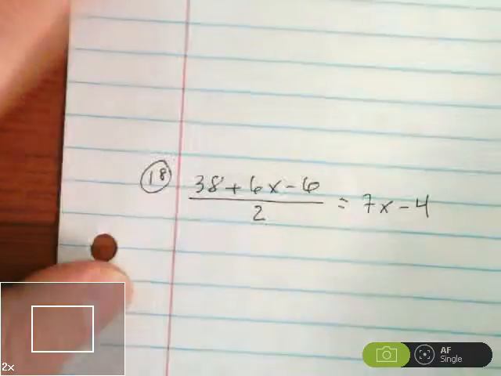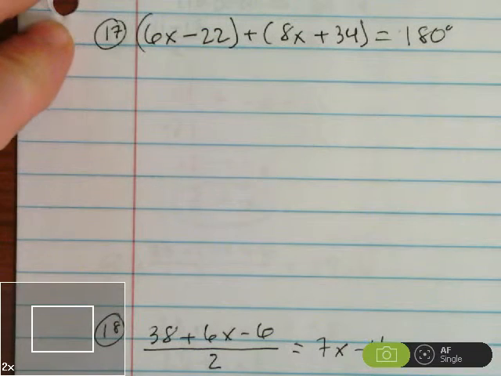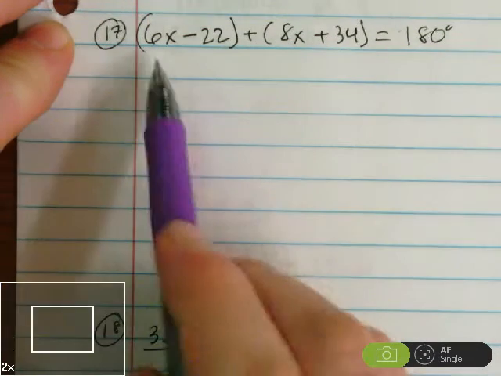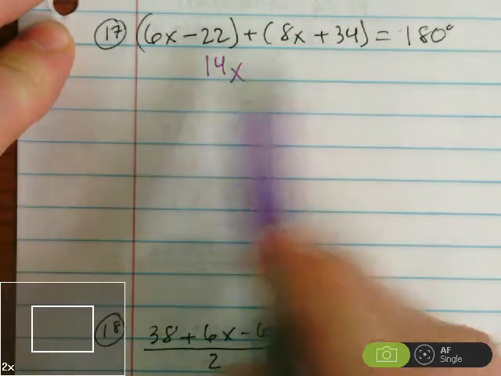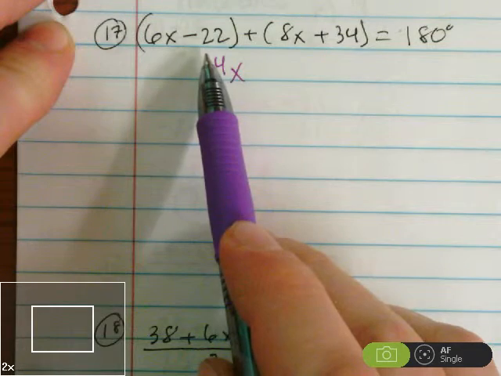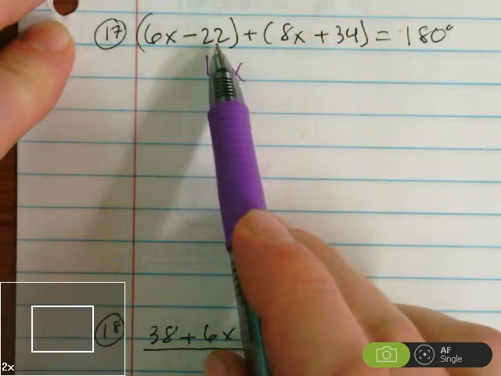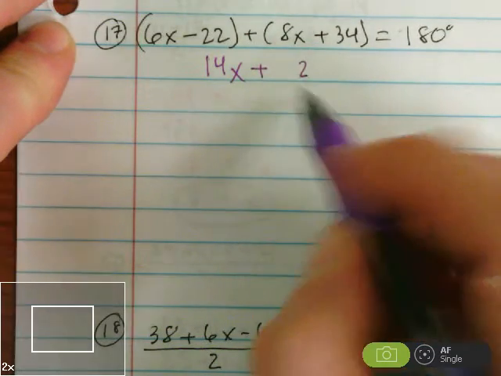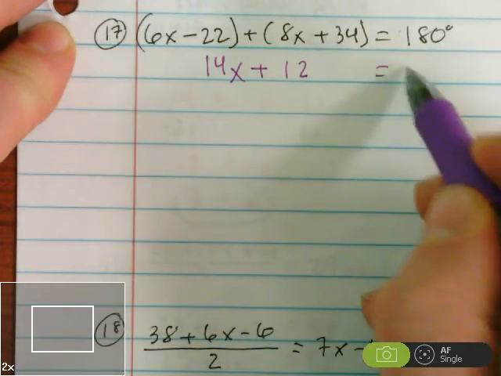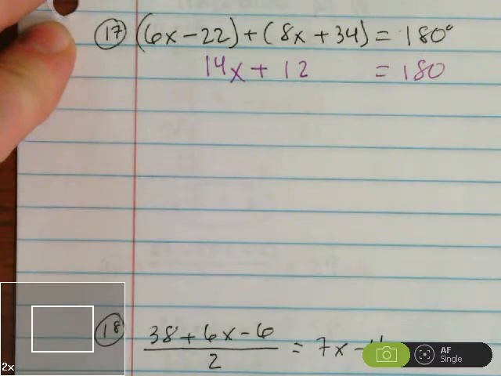All right. Two more problems to go. So, 17. Again, we got to do some combining of like terms. 6x and 8x make 14x. Positive 34 and negative 22, it's like 34 minus 22, which is 12. Gee whiz. Equals 180.